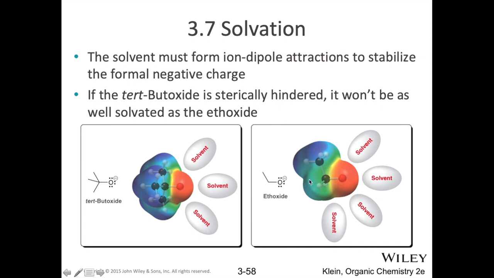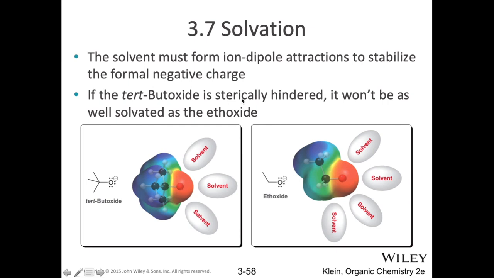Notice that because your ethoxide from your ethanol is kind of open on this side of the molecule, it can fit more solvent around that oxygen. Your very bulky tert-butoxide, which has this extra methyl group sticking out, stops any more solvent getting around that oxygen and helping stabilize it more. Okay, so this solvent effect is what lowers the pKa of your ethanol compared to your tert-butanol.